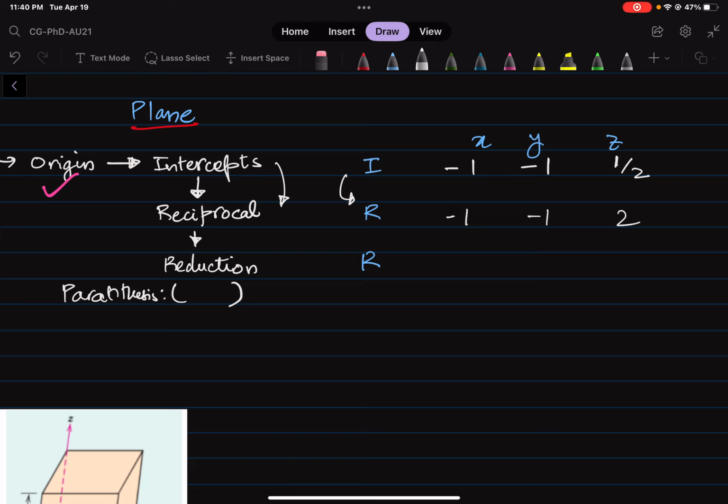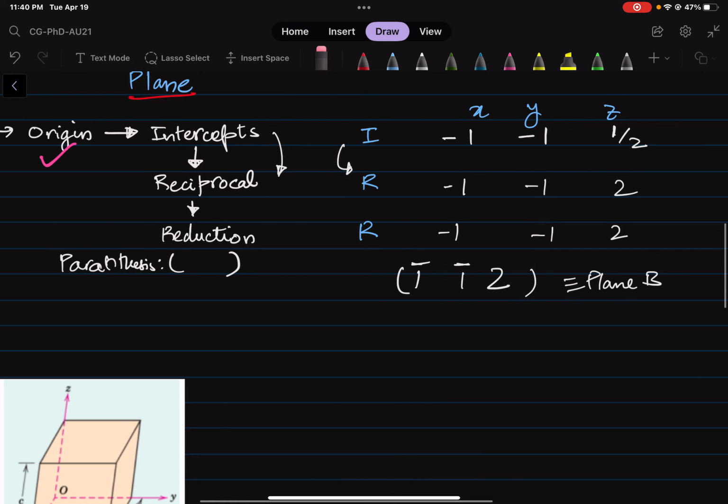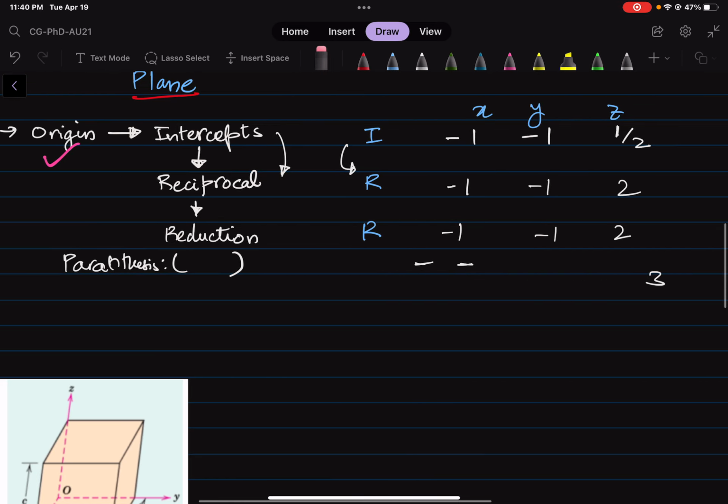And you can see that it's all in the reduced form. And then when you write it in the parentheses, it will be bar 1, bar 1, and 2. So this will be your plane B, right? And here, again, remember the bar, which represents the negative sign.